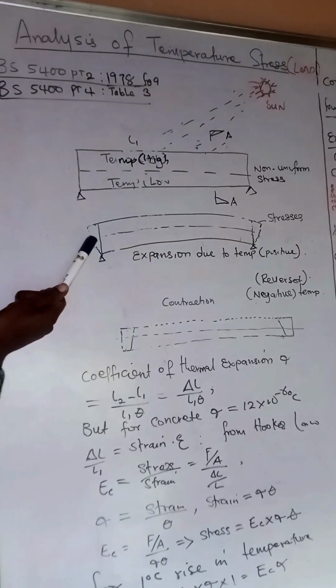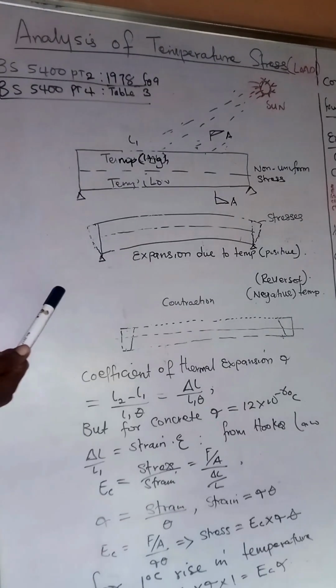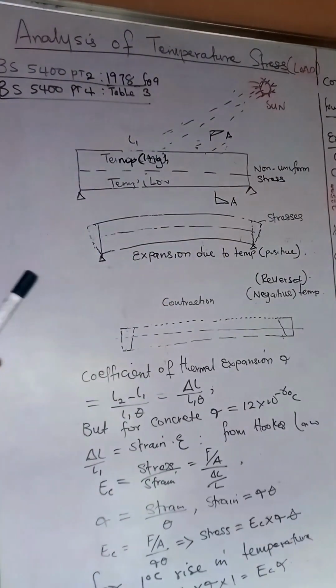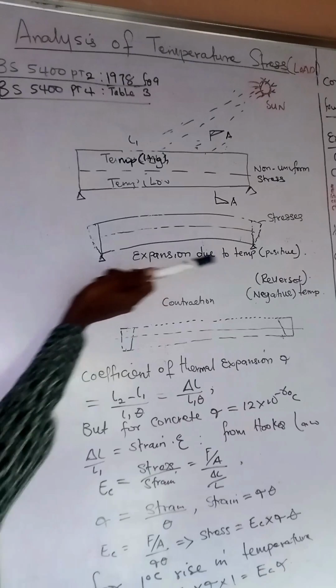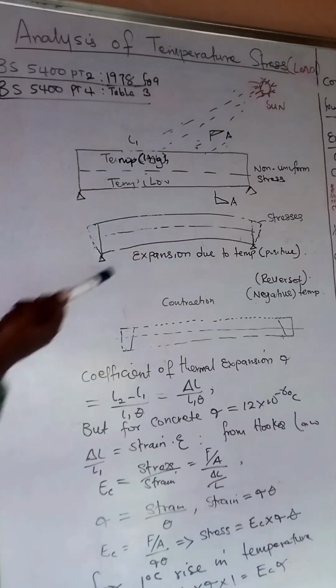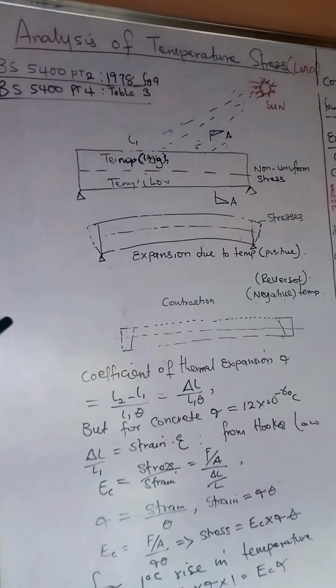There's a little bit of expansion which varies along the cross section because of the differences in temperature. Now we have a non-uniform stress that will be induced on this structure. So we have expansion due to positive temperature change, and that will induce stress across the cross section.